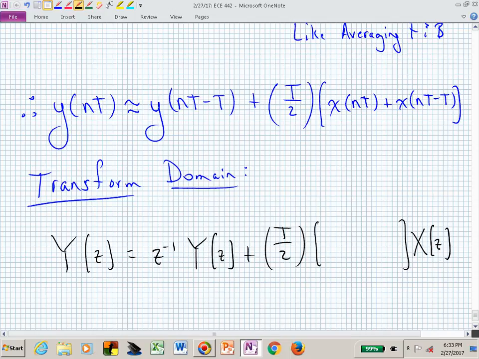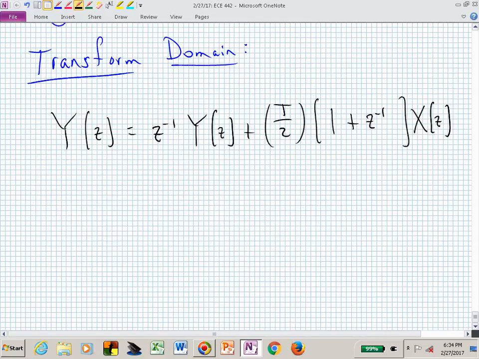What's the first piece give us? Just capital X of z. That's now 1. What's the other piece in that combination of little x's produce? That's just a one sample delay of little x of n in the frequency domain.